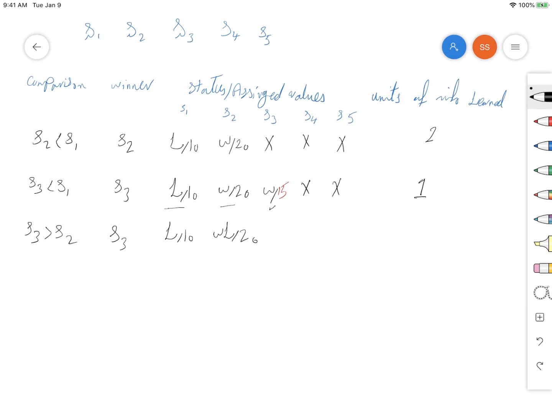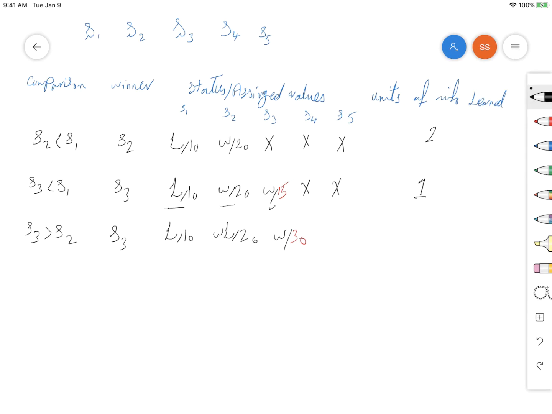We don't need to assign numbers and values to these variables or items, but it's going to help us. So far we found S3 is greater than S2, so the value of S3 is definitely greater than 20, because we said let's assume that the value of S2 is equal to 20. So here is going to be a win, and let's say, for example, we're going to assign the number 30 to this one.